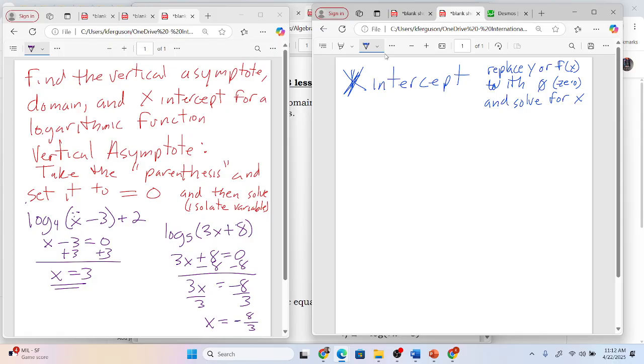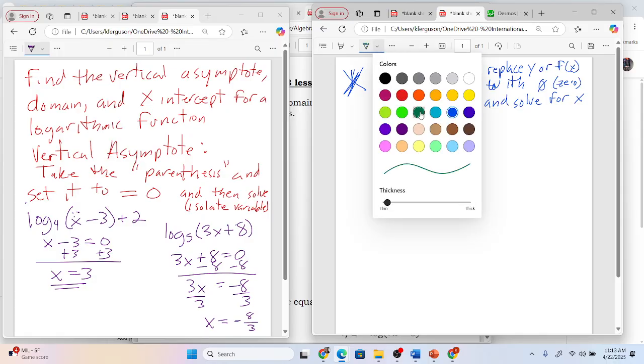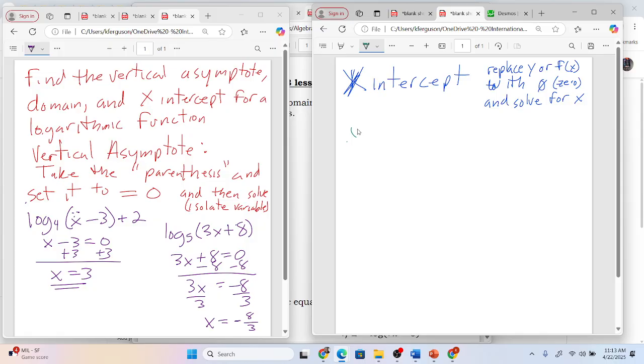So let's go with f of x equals, say, log base 2 of 5x minus 19.